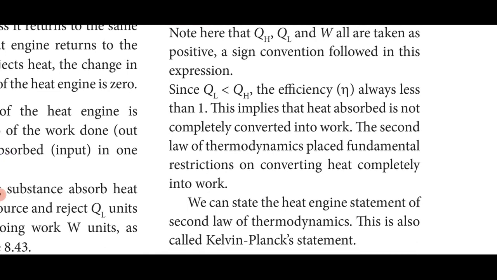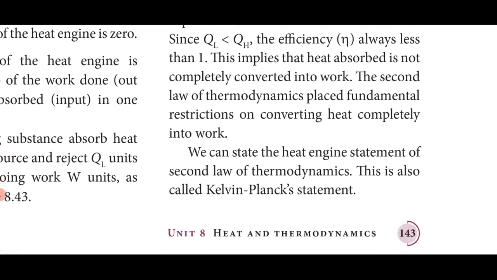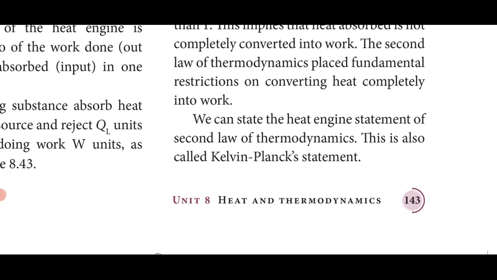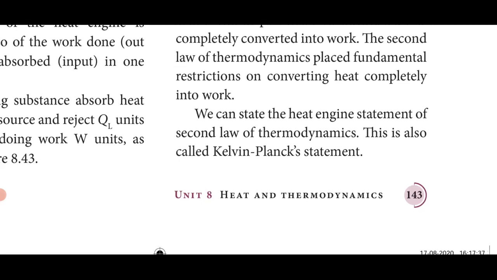When QL, the heat to the cold reservoir, is lesser than QH, the efficiency is always less than 1. It implies the heat absorbed is not completely converted into work. So the second law of thermodynamics places fundamental restrictions on converting heat completely into work. This heat engine statement of the second law is called the Kelvin-Planck statement.